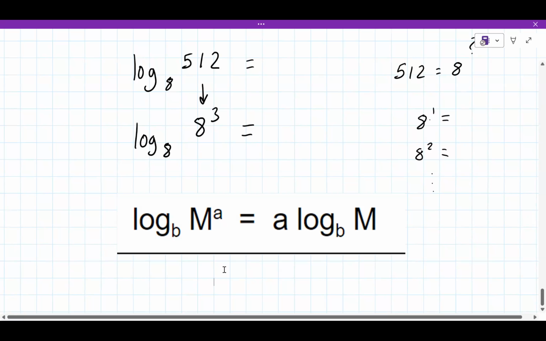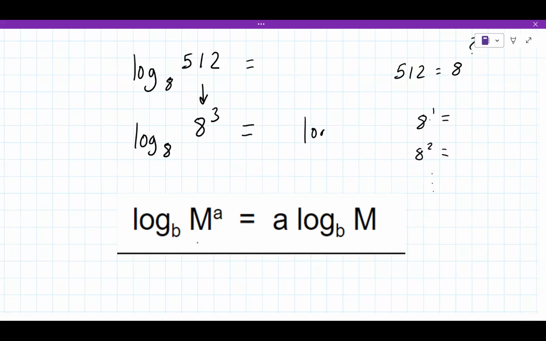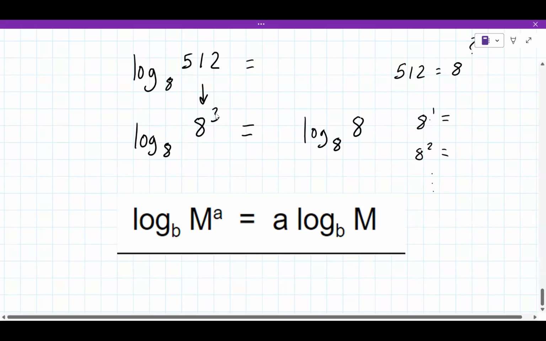Okay, so log base 8 of 8 cubed equals 8, which is log to base 8, and then cubed. Or did I mess that up? What happens to this 3? Oh, it goes in front of the log. Yes.